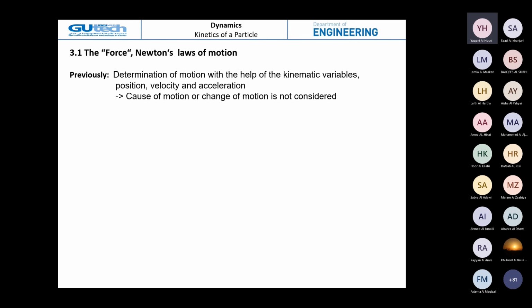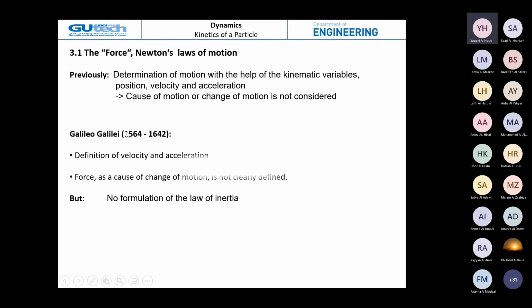Based on what we have seen from the kinematic part, position, velocity, and acceleration, knowing this, we can now get the forces and also the moments. Now, there is Galileo Galilei, who gave the definition of velocity and acceleration.